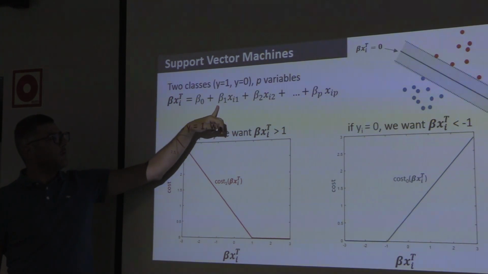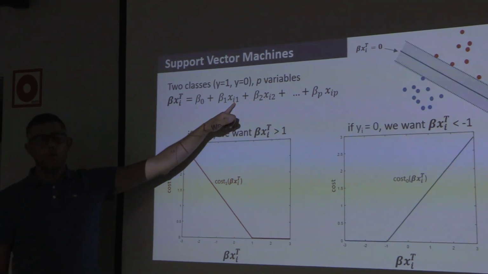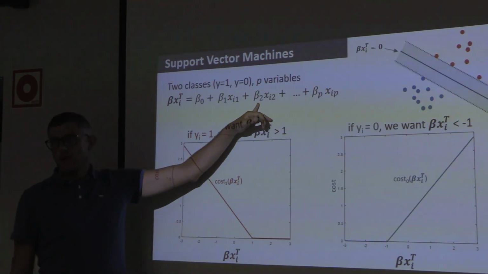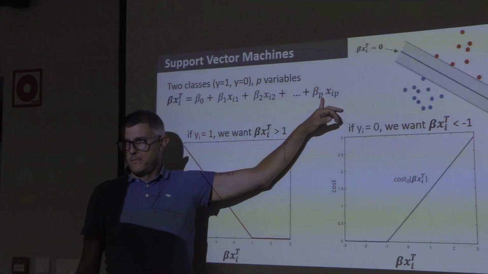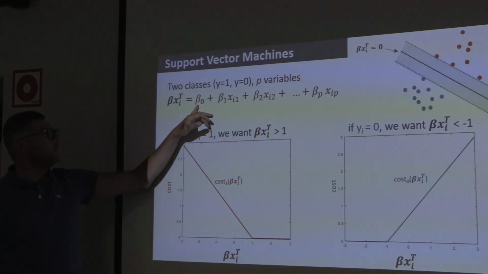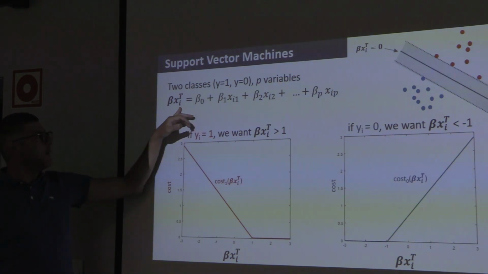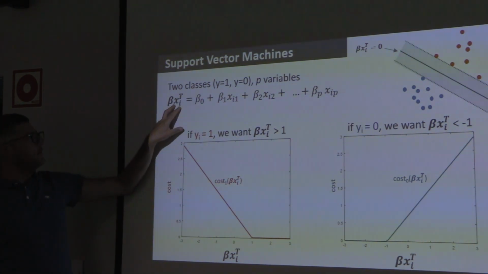This is the coefficient for the first variable, this is the coefficient for the second variable, and so on. We can write this linear combination in this way: this is a given sample of our data matrix, and this is the vector of our coefficients.